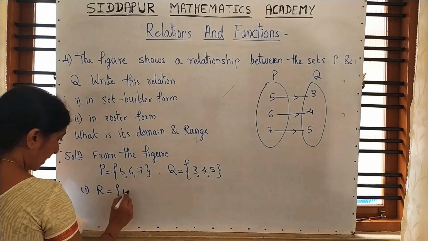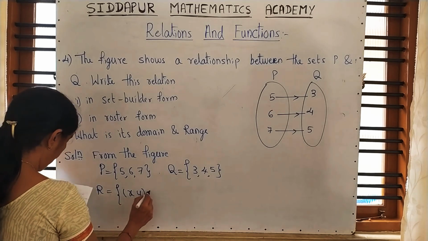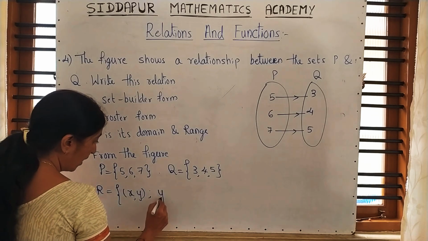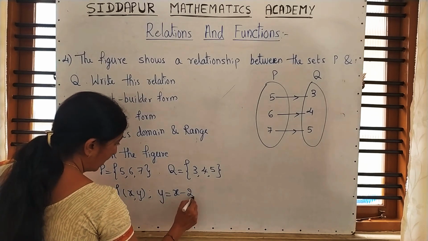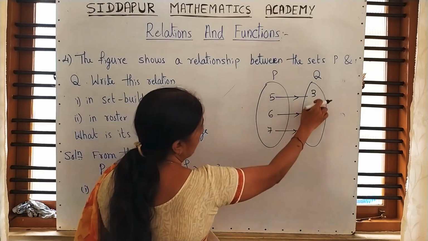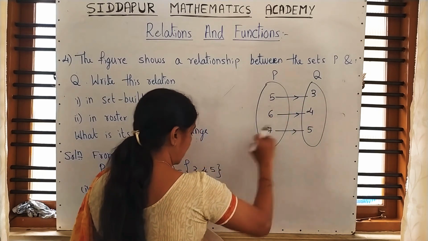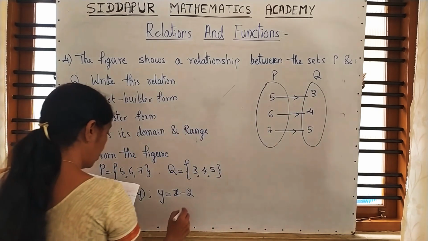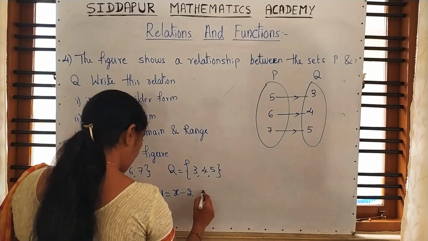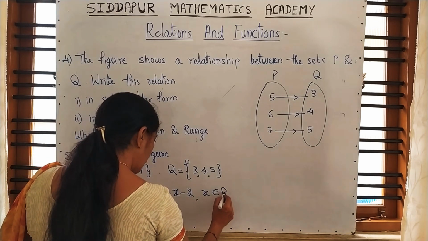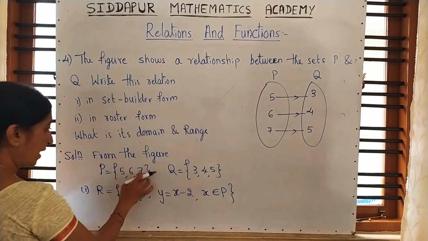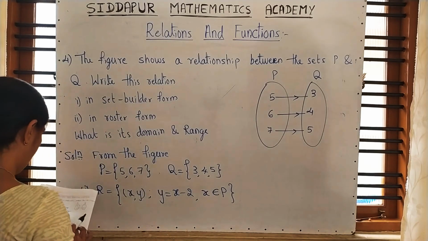First, as usual, the ordered pair (x, y) such that y is equal to x minus 2. So this number is 2 units less than this number. That's why I wrote x minus 2, and x belongs to set P. That means we have to select only these numbers.